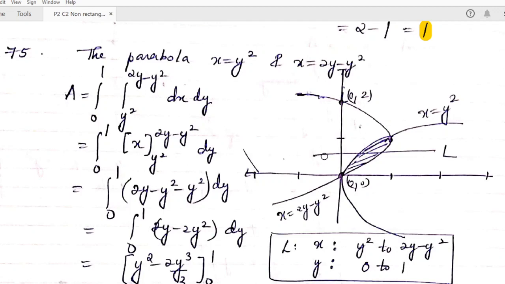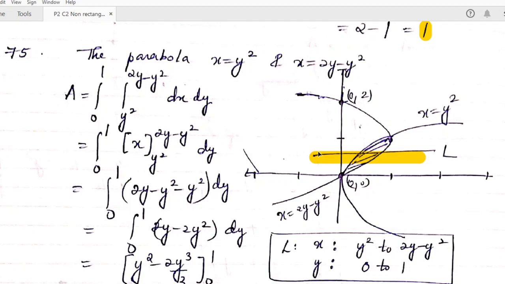So to find the limits of x and y, here also we are considering the formula A is equal to double integral dx dy. So if we are finding the limits of x and y in dx dy, in that case you'll be considering a horizontal line passing through the region. So first we'll draw a line L passing through this region.